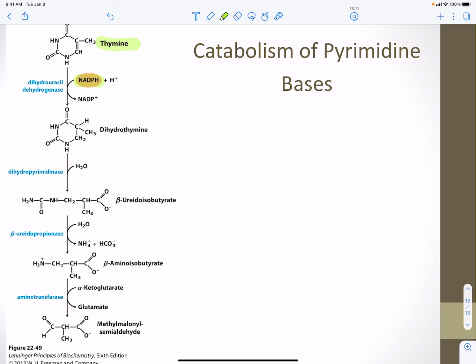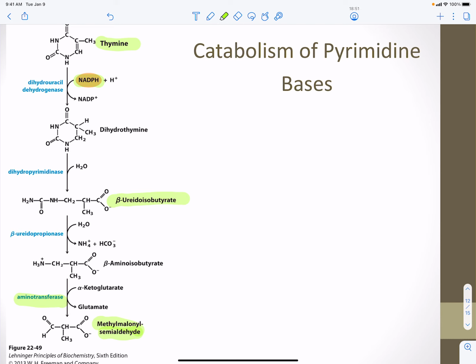And then you have a dihydropyrimidinase to generate the intermediate beta-ureidoisobutyrate. And then you're going to have a ureidopropionase, which will generate a beta-aminoisobutyrate. And then finally, aminotransferase to get a methylmalonyl semialdehyde. This is a transamination reaction.